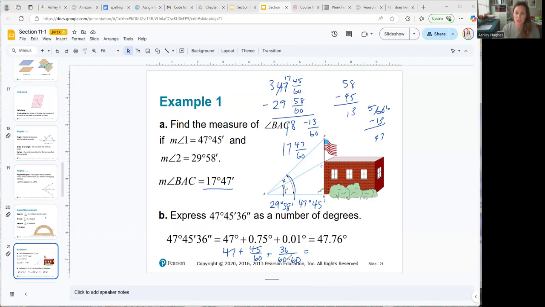The reason there are two 60s is because one is out of 60, and then the other is out of 60 again, so both will be in the denominator. So it's 36 over 3600, which is the same as 1/100, that 0.01. So that's how we got 47.76 degrees.